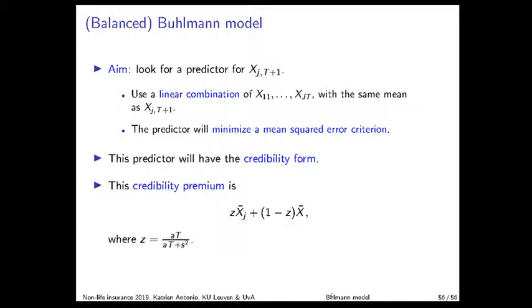That is, it will be a weighted average of the mean of the specific contract j that we study and the overall mean X bar observed over the whole dataset, the whole portfolio, where the weight Z is determining how credible the experience on contract j is, and the Z can be expressed here using the parameters a squared and the number of time periods T during which our contracts are followed in this balanced Bühlmann model. So this gives you a brief idea of what this classic actuarial model is about.